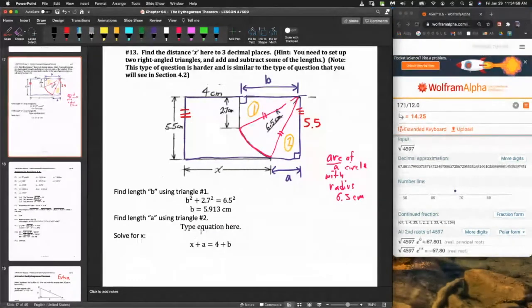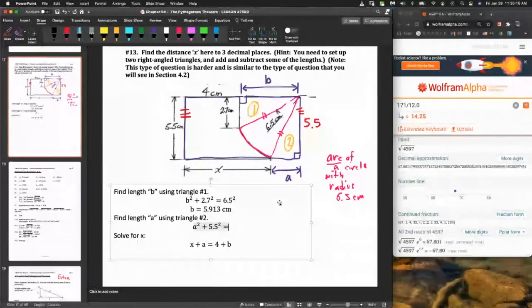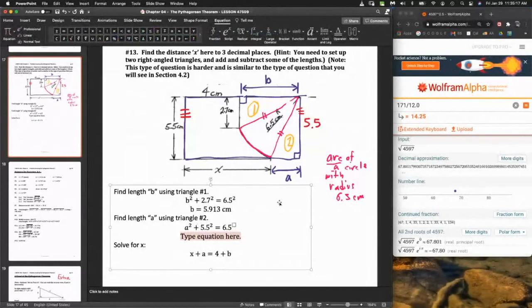What's the longest side on triangle number 2? What's the longest side on this triangle down here? Yeah, it's 6.5. Good. Answer for A. Anybody got an A there? I'm going to go for Mabubi again. What's going on? Where are you? We got, ooh, I didn't get 12.